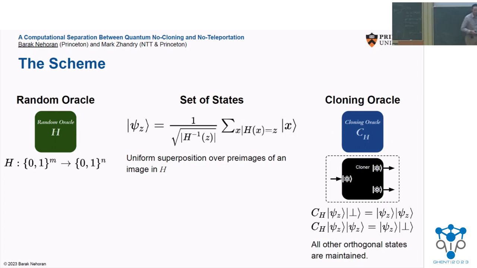And really, this is just a manifestation of this black box that we talked about earlier. Essentially, it gives us a black box for cloning this set of states. And what we want to show is that even given this black box for cloning this set of states, it still doesn't allow us to teleport efficiently.